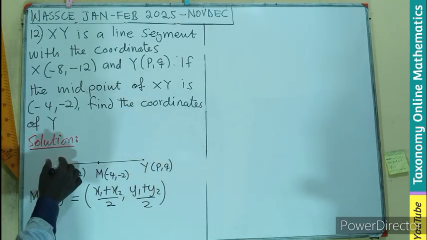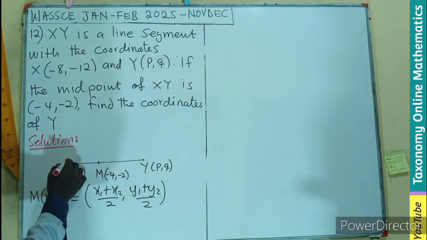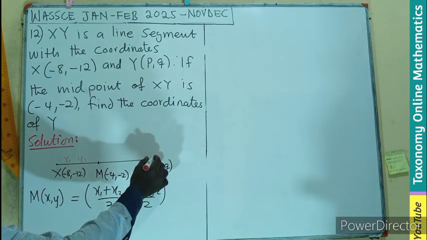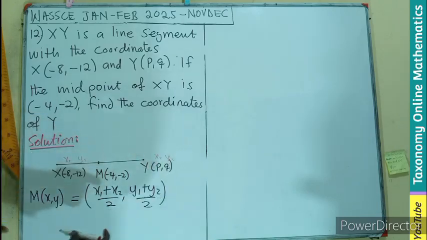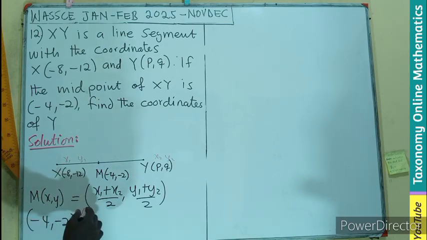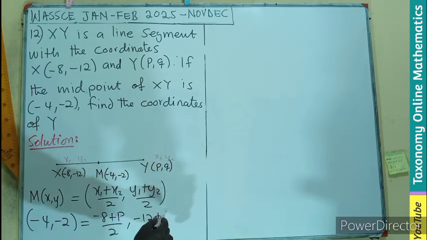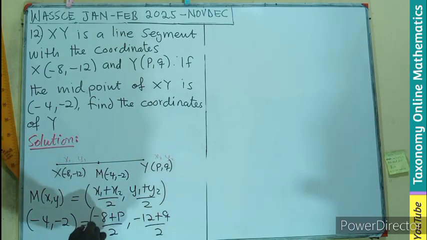So using this, I'll be having my x1 value being the x. So here x1, y1, x2, y2. By substitution, the midpoint, I should be having (-4, -2) equals, remember representing this, x1 is -8 plus x2 P divided by 2, y1 is -12, y2 is Q divided by 2.